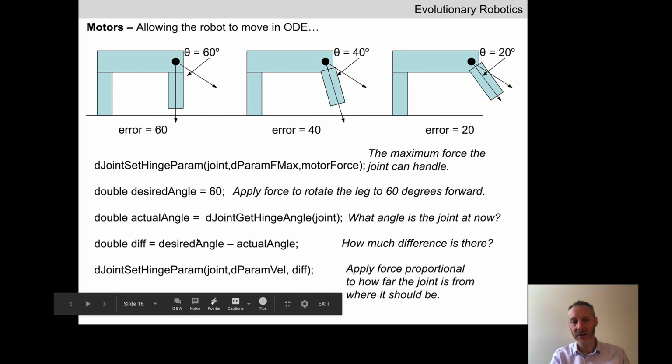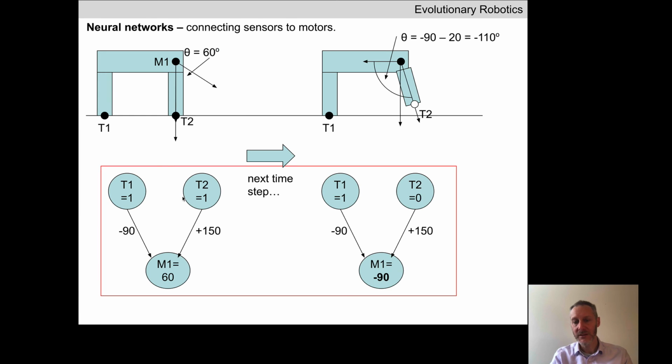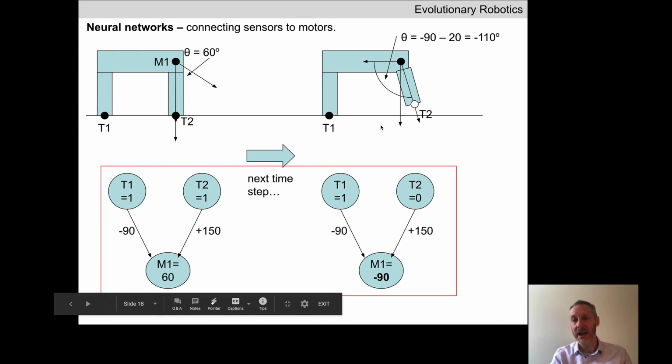And I'll just back up here. In the previous example, we as the programmer were setting the desired angle. We were typing it into the code. When you implement a neural network, the neural network outputs desired angles. So at this point in time, the desired angle is minus 90, which is back here.